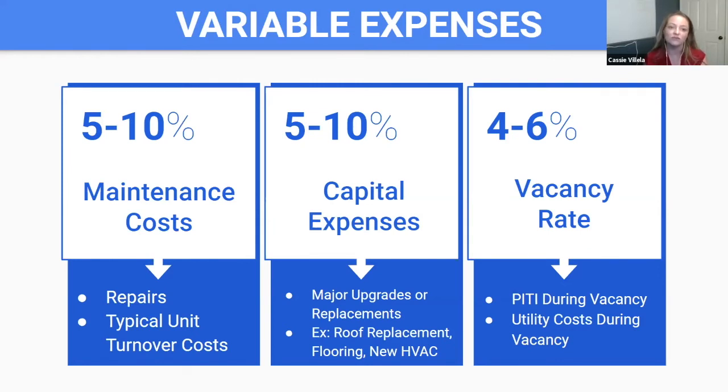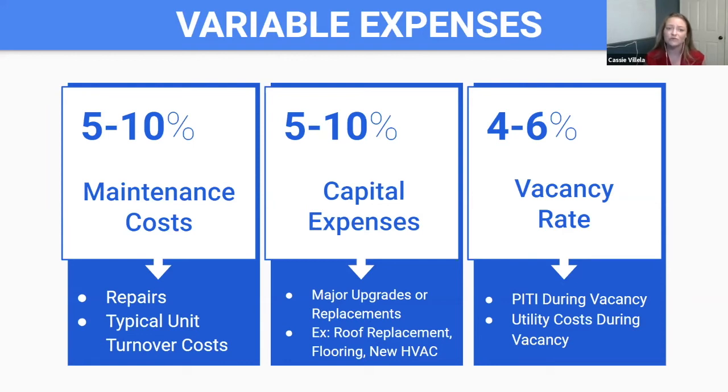So you're going to have those, and the seasoned investors can definitely attest to that. I tend to use 5 to 10% based on the age of the property. So if it's a newer property, built in the 90s or 2000s, and it's in good shape, you can use a lower percentage. But if you're getting an older property that's 50s or something, you're going to want to bump that up to closer to 10%, because the older the property, the more repairs you're typically going to have.